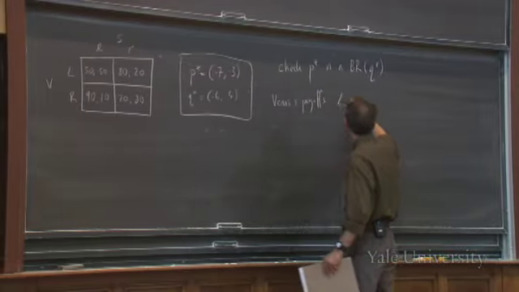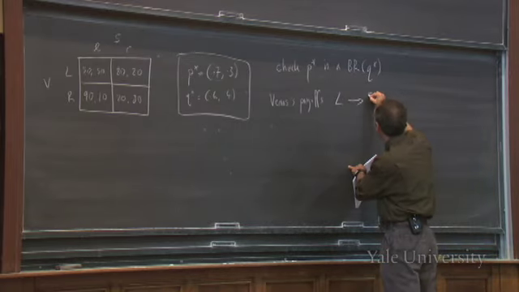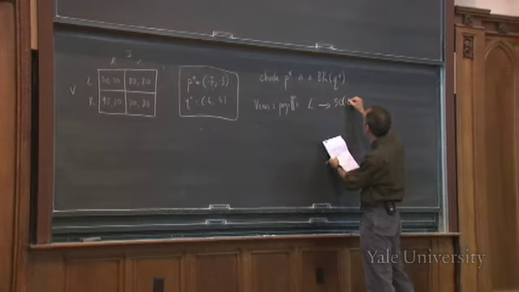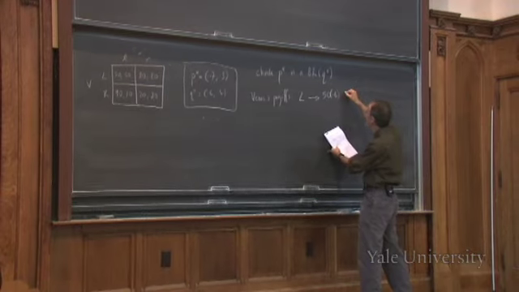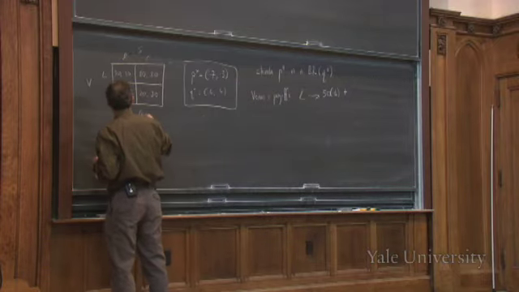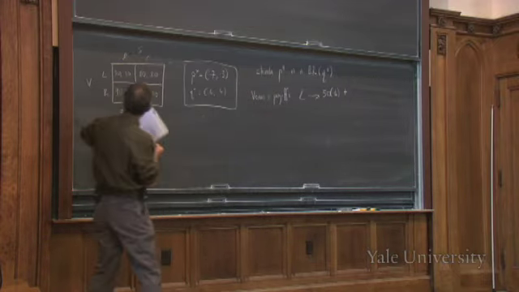Venus's payoffs: if she chooses L against Q star, then she gets, very similar to what we had on the board last week, but now I'm going to put in what Q star is explicitly. This is Q star, and this is 1 minus Q star. So she gets 50 times 0.6 and 80 times 1 minus 0.6, which is 0.4.